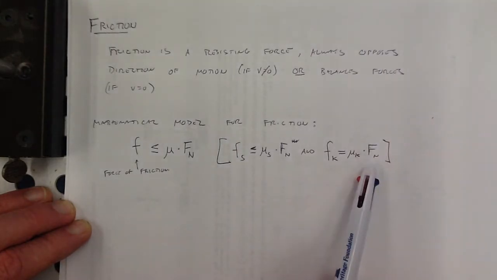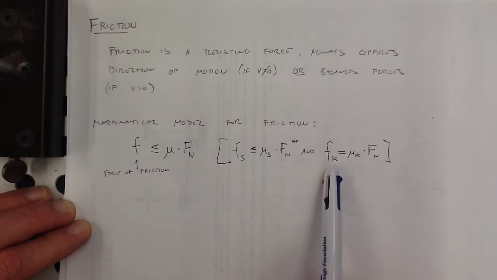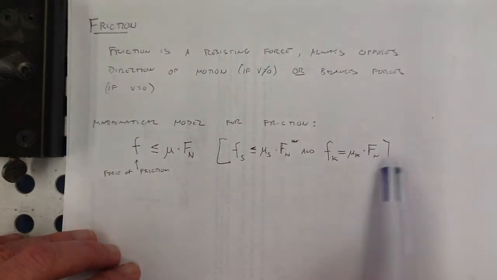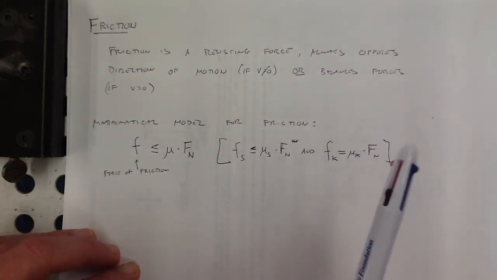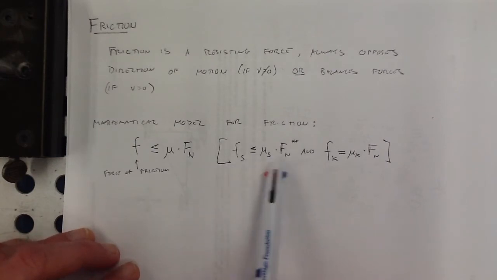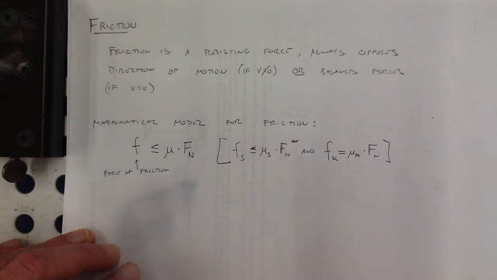So you note here that this is an equal sign here. If you have kinetic friction, once you have motion, then there's no like, how much is there? Well, it depends. Once it's moving, you have a certain amount of kinetic friction, and that's that. But when you have static friction, there's only as much as there needs to be to balance the forces, just like with the normal force.